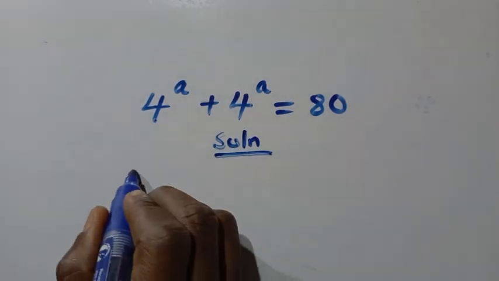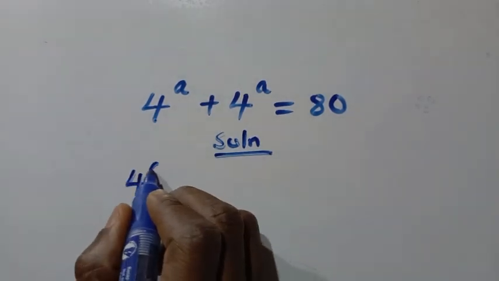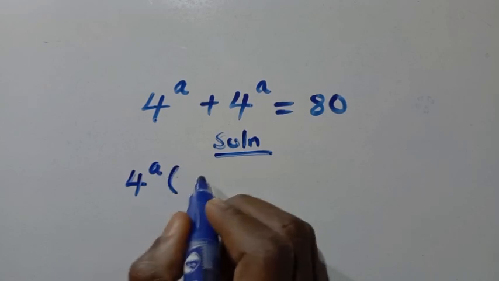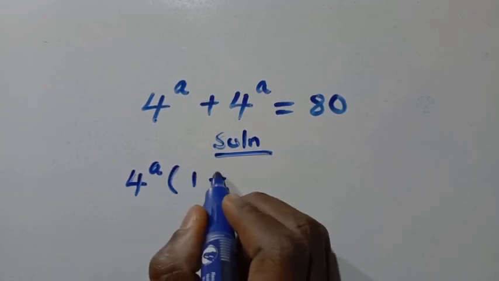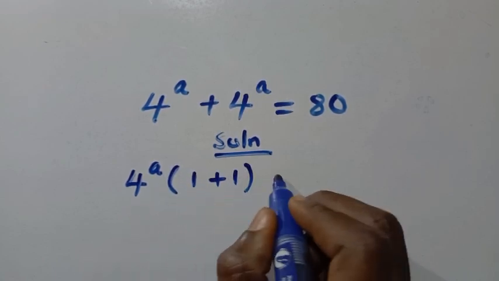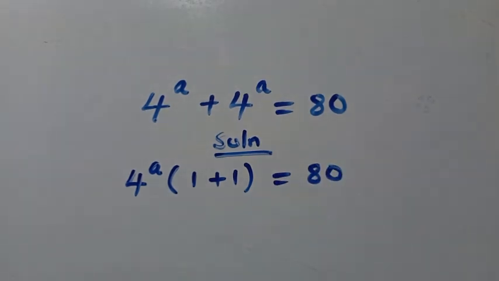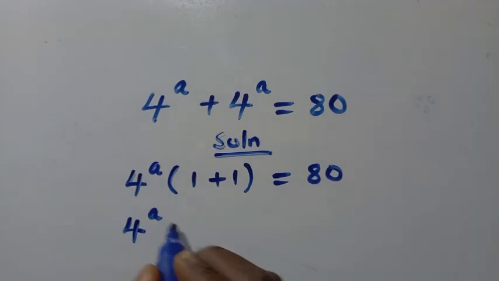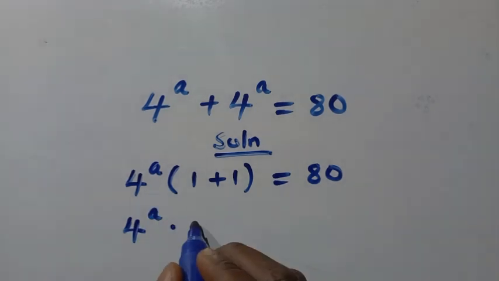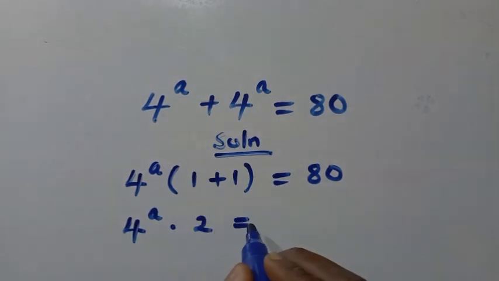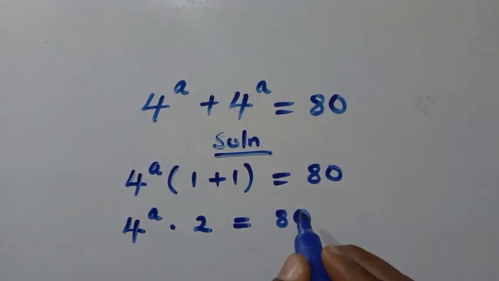From the given problem, we have 4 to the power of a. When we take this out, we are left with 1 plus 1 equals 80. Then here is 4 to the power of a multiplied by 1 plus 1, that is 2, equals 80.